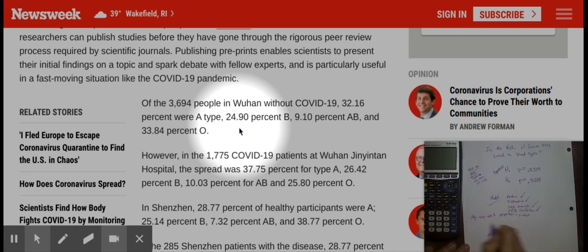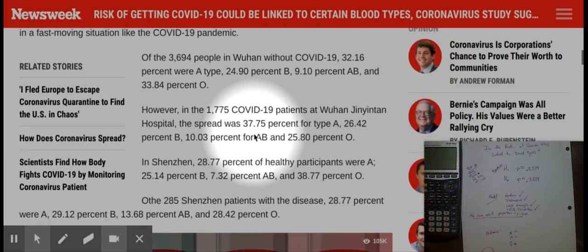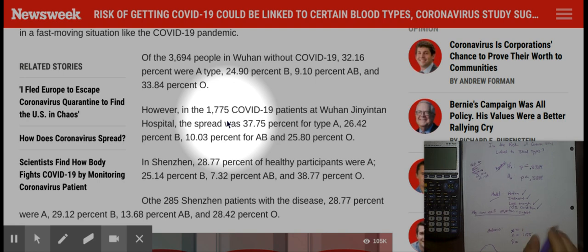Okay, so now we may use the 1 proportion z-test. In the mechanics, I need to know my sample size in Wuhan of the people that were sick. Those are the people I'm selecting. In Wuhan at that particular time, there were 1,175 sick patients.